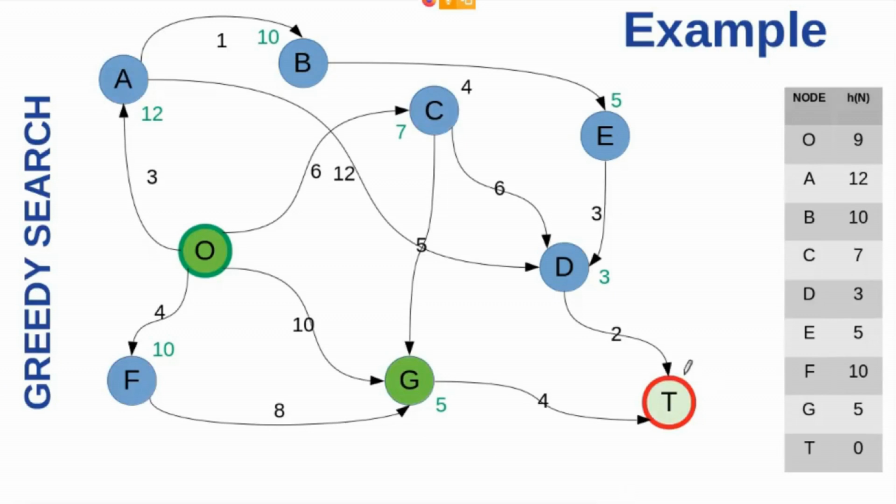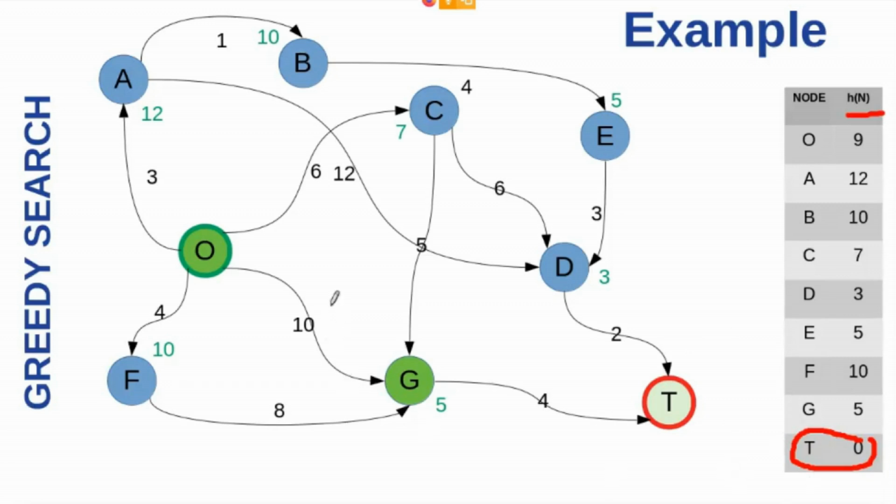Then we have the target as the single neighbor, as you can see here. So we have no competition of neighbors. The target is obviously the one and only node with the minimum heuristic value, right?